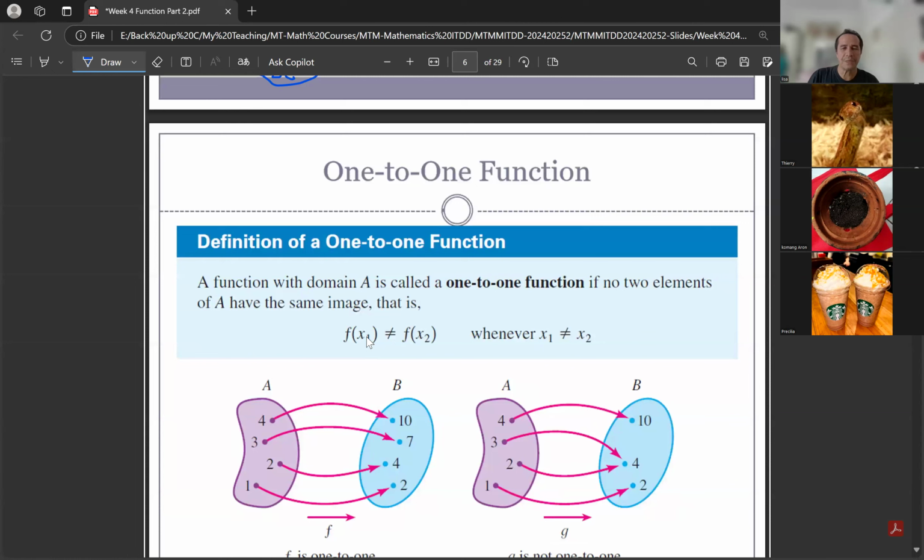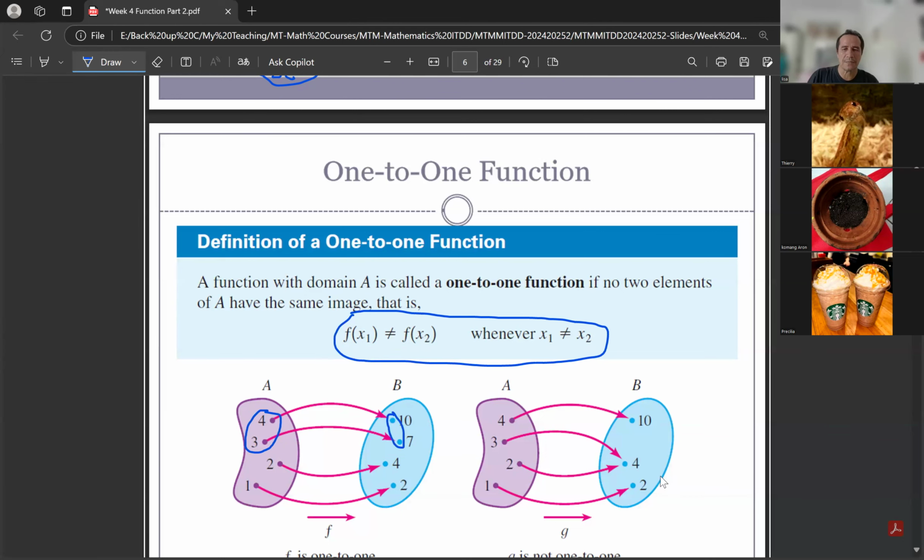The function should fulfill this condition to be called a one-to-one function. It says that if we have different numbers in the range, they must come from different values in the domain. For example, 10 is different from 7, so in the domain we should also have different values.